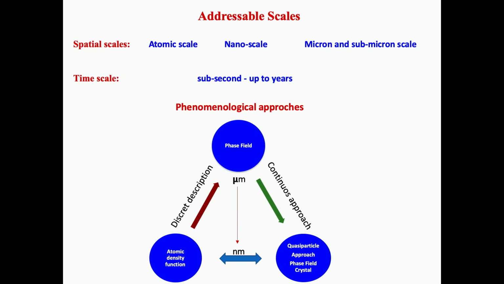It was the phase field crystal method. It means that if we go down in the resolution of the mesh, and we change a little bit the free energy, I will show you how we can do this. We can go from this mesoscopic description directly to some microscopic description in continuous scale.